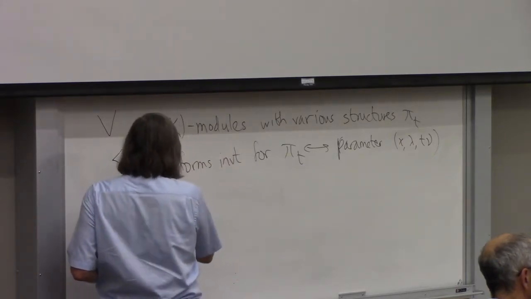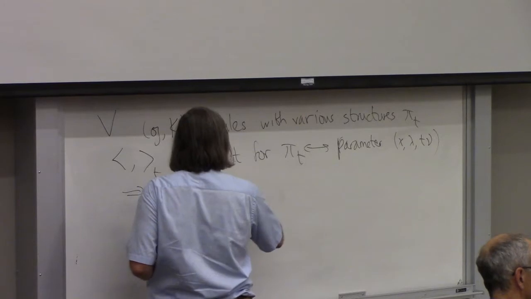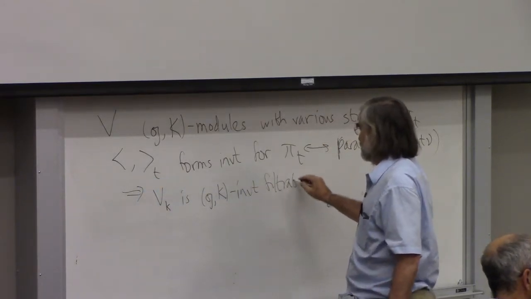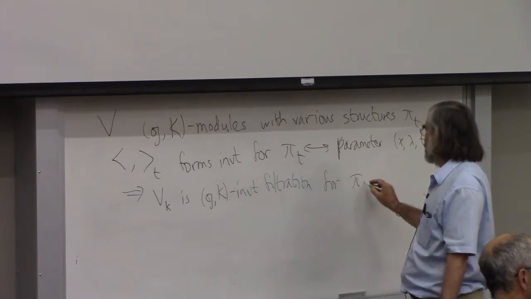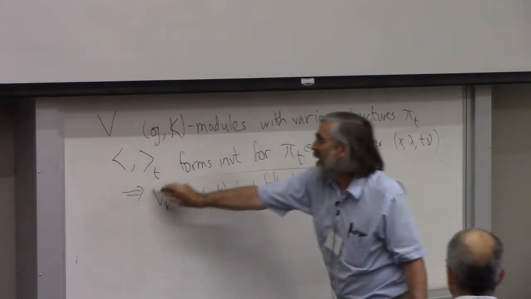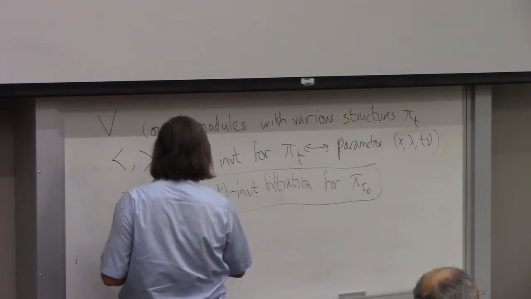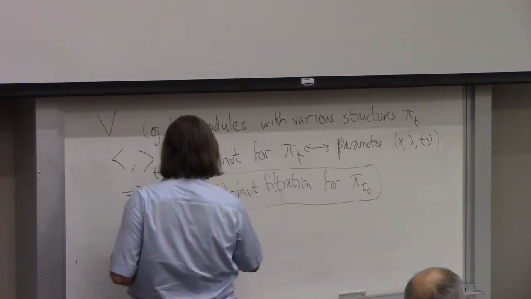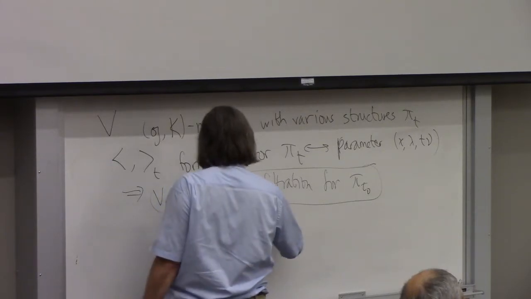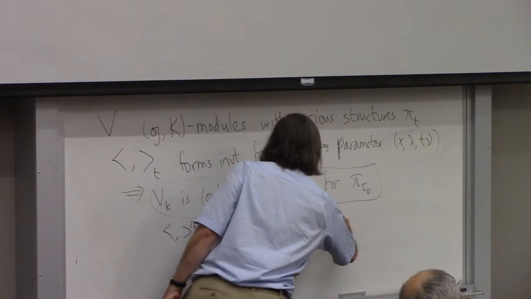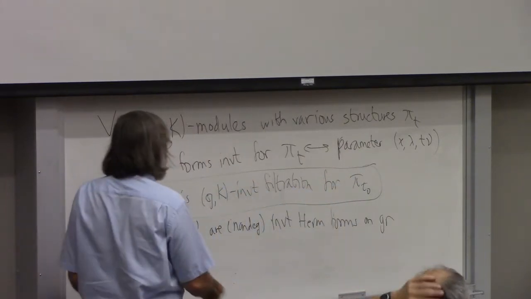Then this Vk is a GK invariant filtration for this pi t0, and these Jantzen forms are non-degenerate, invariant Hermitian forms on this GUR.